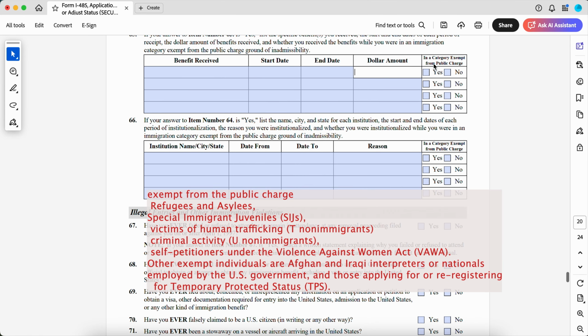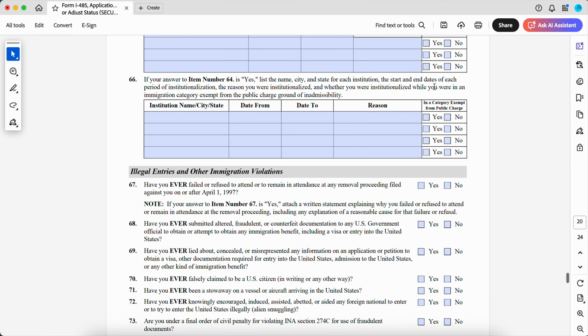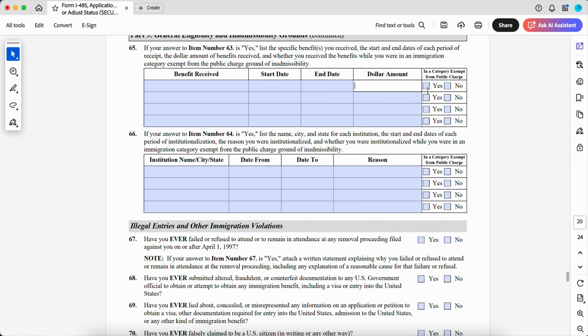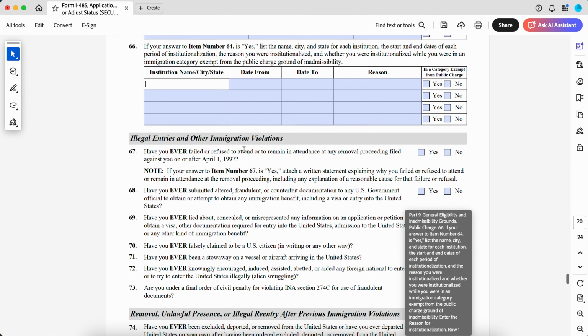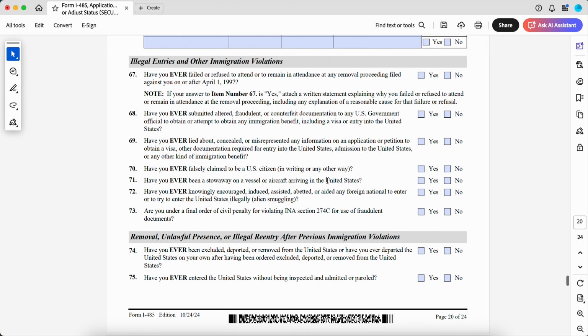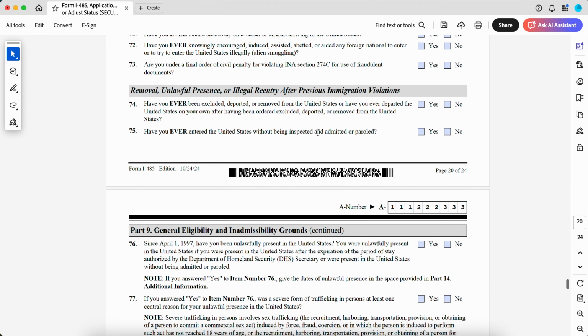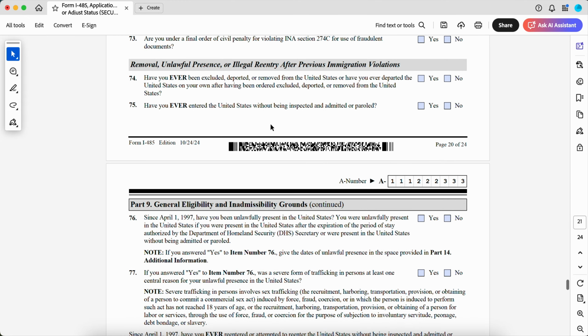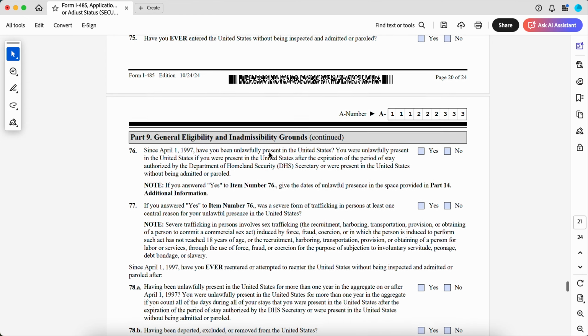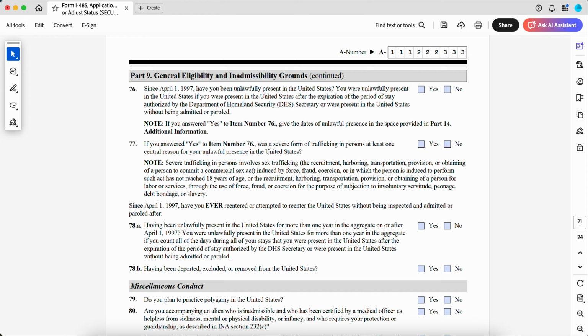So then next, security questions about illegal entries. You answer them truthfully. Removal, unlawful presence, or illegal re-entry. Answer those questions truthfully about your history, if you have history of the illegal entrances. General eligibility and admissibility grounds.